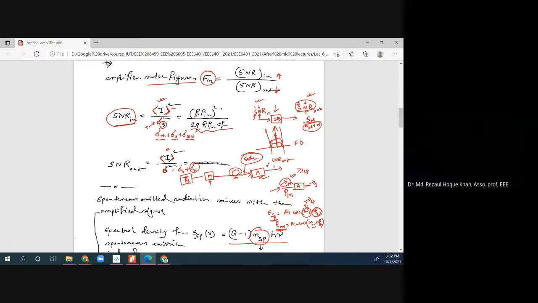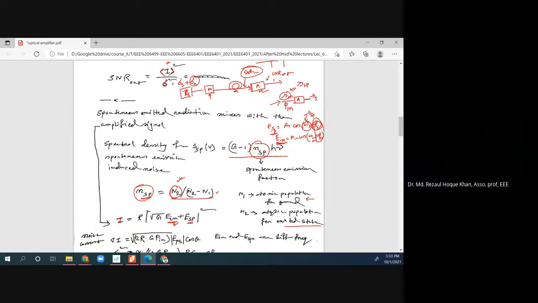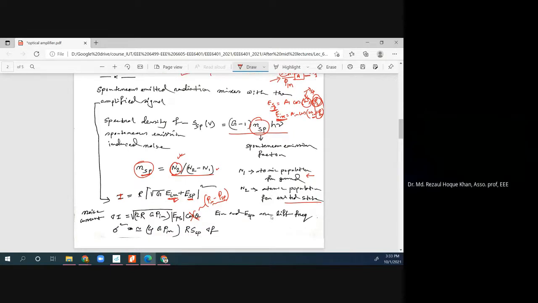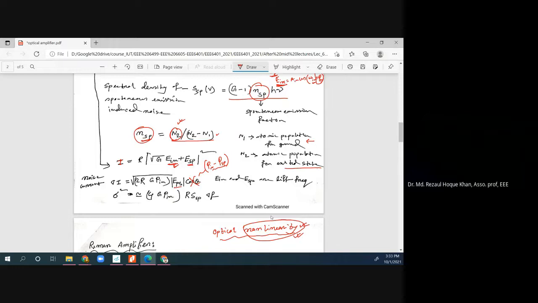The phases are not the same. Theta is nothing but phi in minus phi SP. The lower the value, the higher cos theta. Cos 0 will be 1, so the whole term will be 1 in ideal cases. In that case we find this signal.